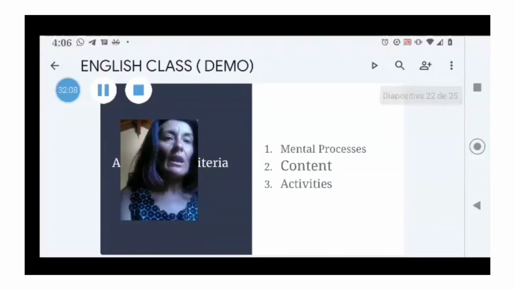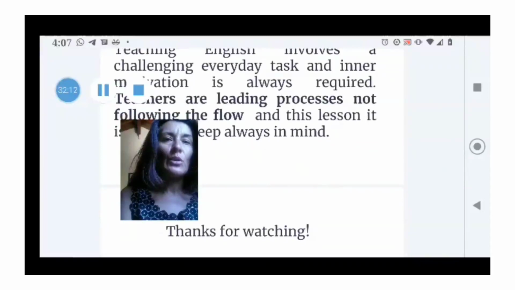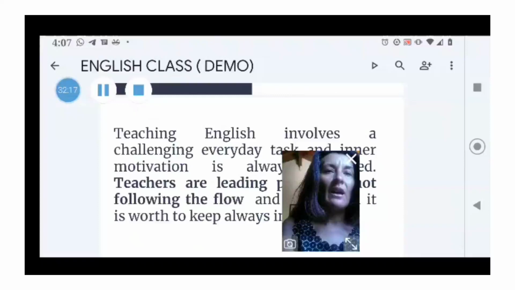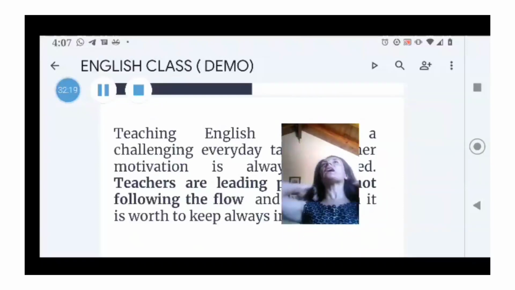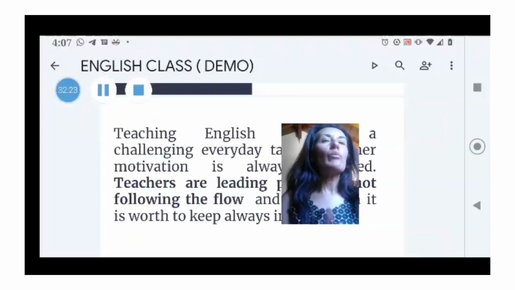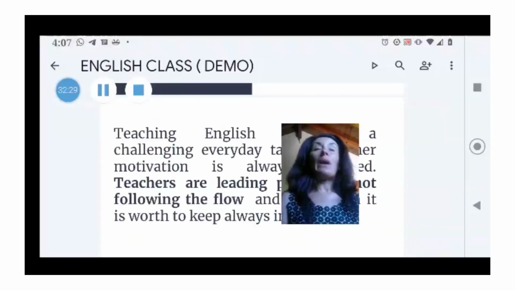Okay, after the assessment criteria, I would like to express my point of view about that. Most of the time, we teachers could be pushed to take collective decisions, group thinking, and so on.